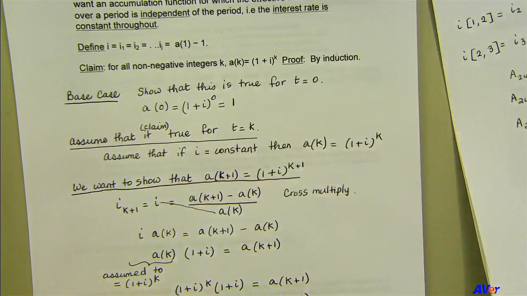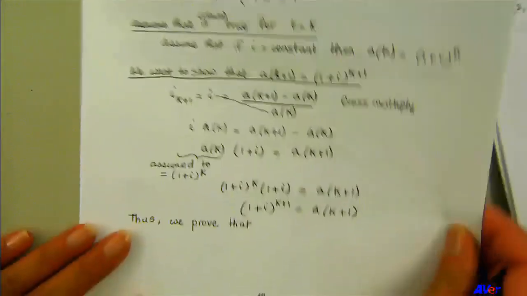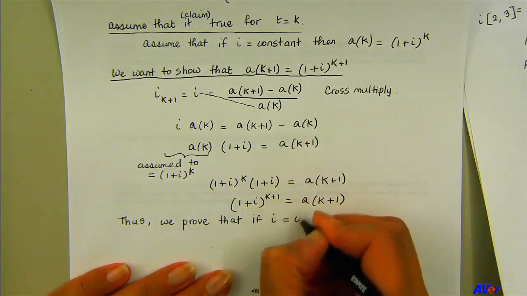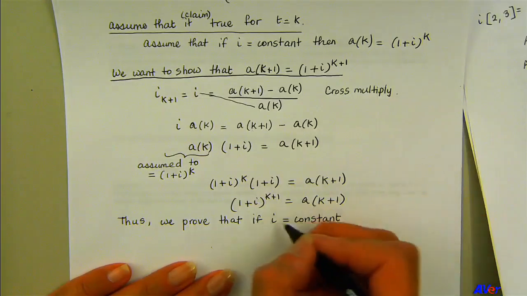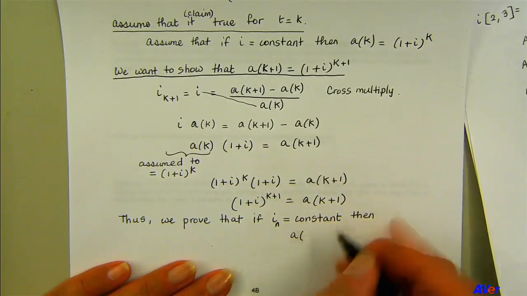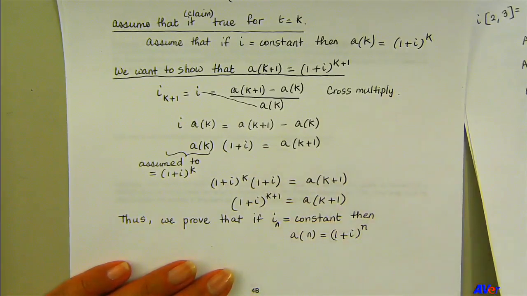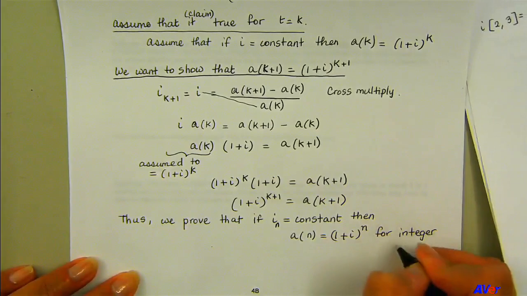Thus, we prove that if i is constant, then a of n equals (1 + i)^n for integer n.